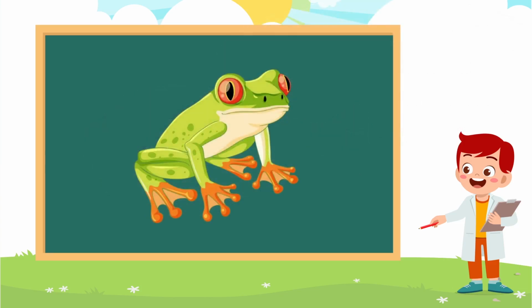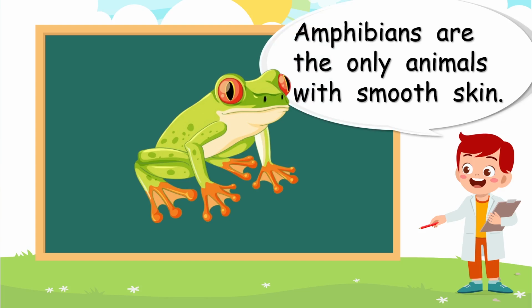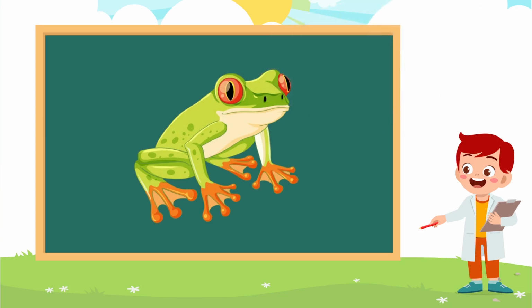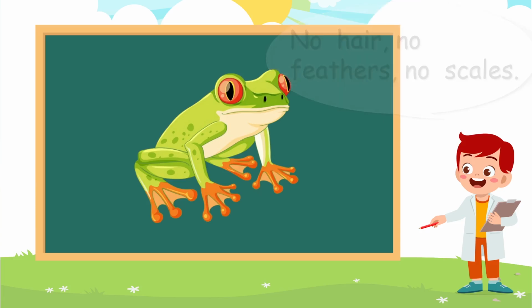Oh, well, it's a frog this time. Amphibians are the only animals with smooth skin. No hair, no feathers, no scales. Super smooth.